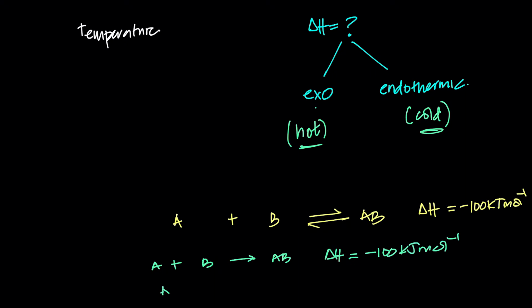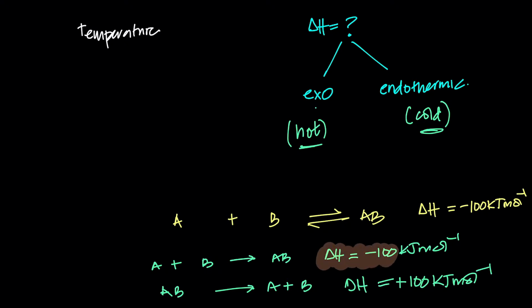But AB becoming A and B, the backward reaction, is literally the opposite of this, plus 100. That's a feature of reversible reactions. Whatever the sign is of the forward reaction, the backward reaction is opposite. If the forward is negative, the backward is positive.